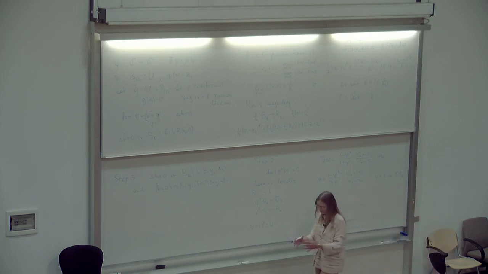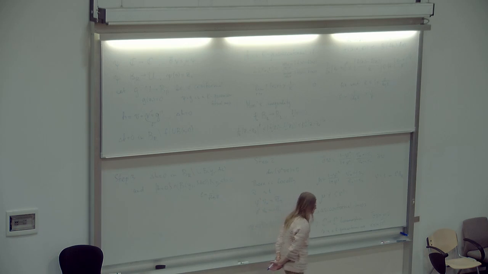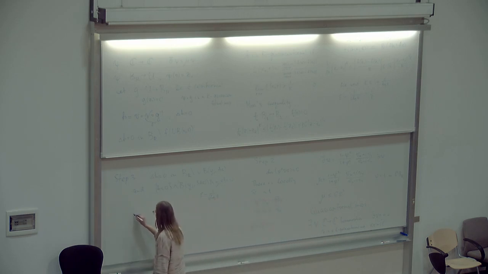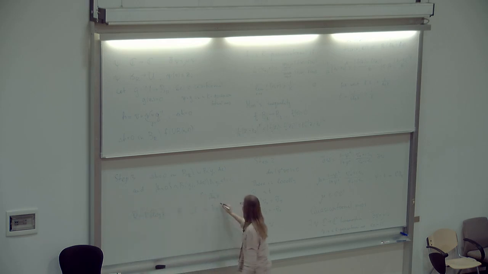I want to rescale everything to the unit scale. This epsilon is of the size 1 over square root of log r. So when I rescale, the picture that I have is that I have a ball of radius r tilde, that is r square root of log r. And our h tilde is a harmonic function in this ball minus the union of balls of radius 1.